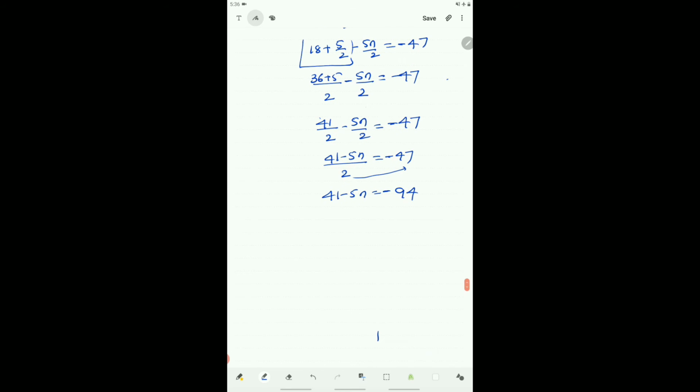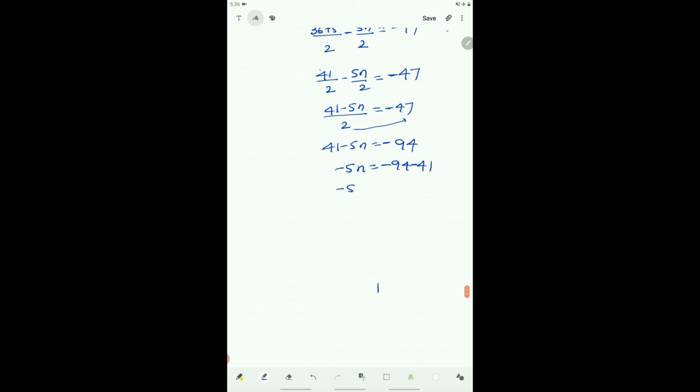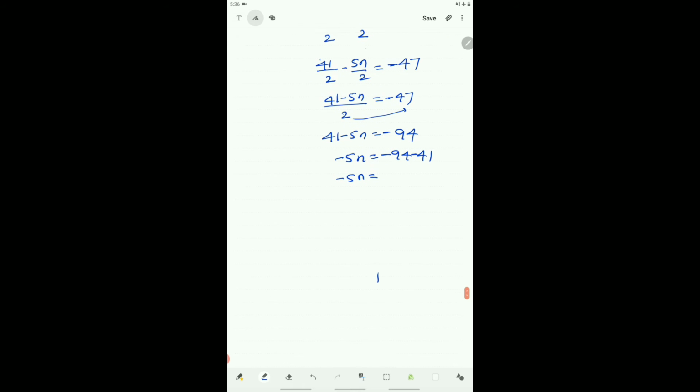Then minus 5n = minus 94 minus 41. Minus 5n = sum of 94 and 41, which is minus 135. n = minus 135 by minus 5.